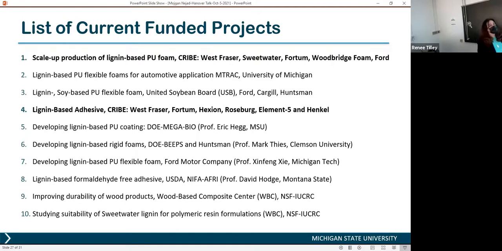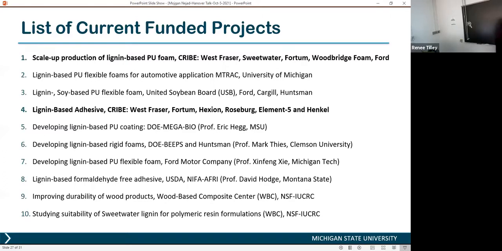DOE BIPs for the rigid foam, the PI is Dr. Marquis from Clemson University, and Christian is working on that project. The Ford Motor Company's project, Akash was working on that, and that project is going to end this December. And then the formaldehyde-free USDA funding with Professor David Hodge at Montana State University. Mohsen is working on that project.